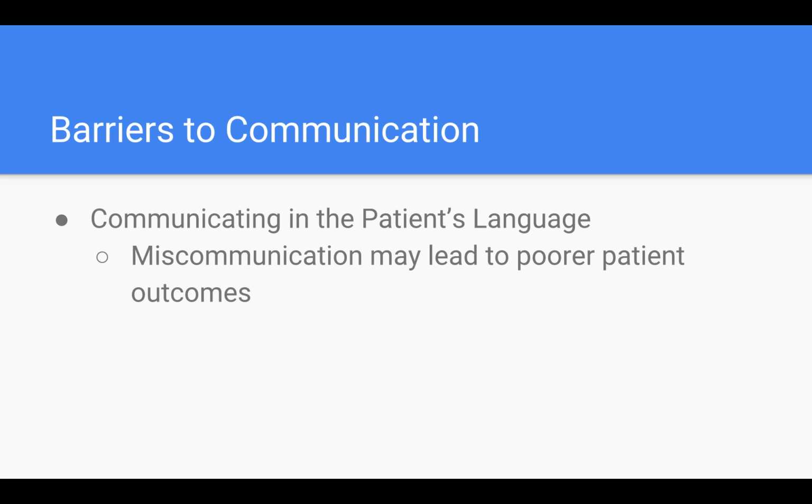And there typically are better outcomes on average for professional interpreters, not ad hoc interpreters. I know it's tempting to use a family member, a child or a spouse who speaks the language, but it's not considered appropriate. And I think there have been some recent legislation changes that have made this very improper. So professional interpreters are what you need.